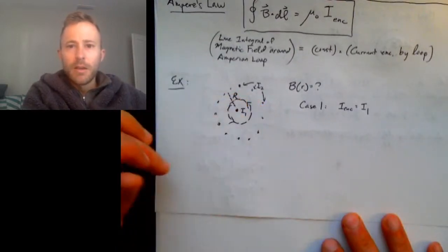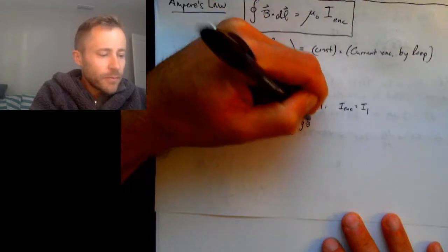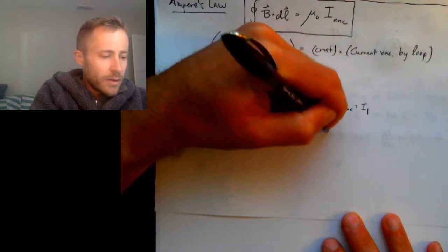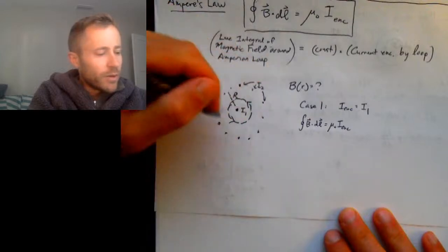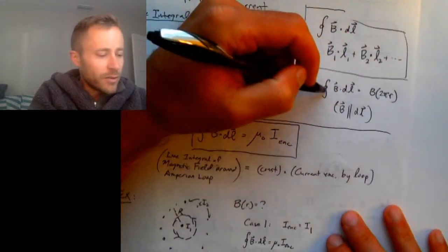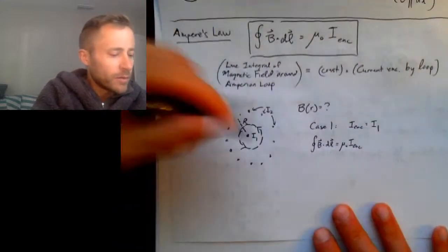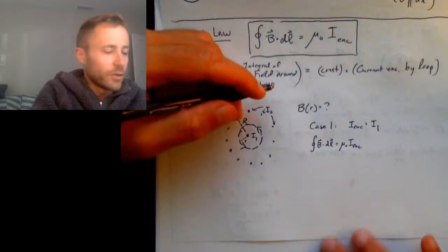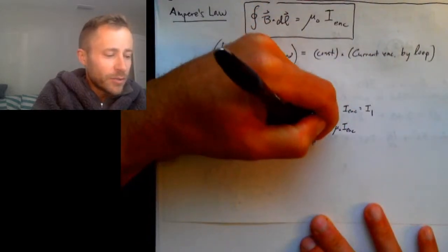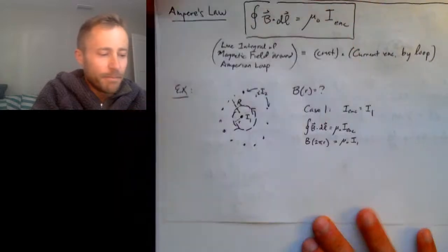All right? So if we do Ampere's law, and remember, if you have a circular Amperian loop, the left-hand side of Ampere's law, the line integral, is going to be B times 2 pi r, okay? Where r is little r, the radius of the Amperian loop. So we get B times 2 pi little r equals mu naught I1.